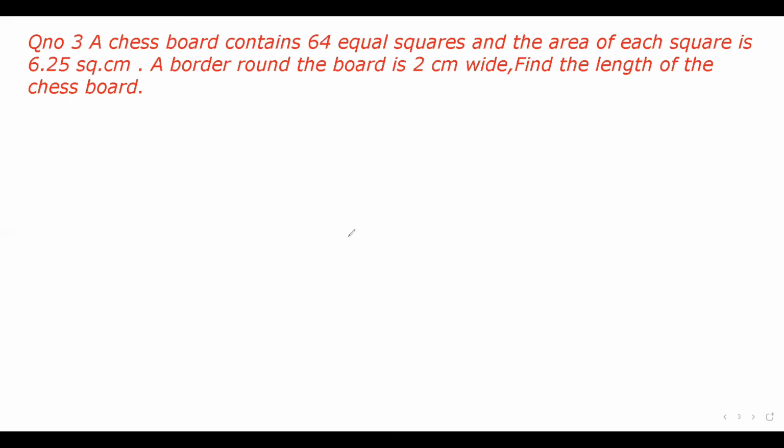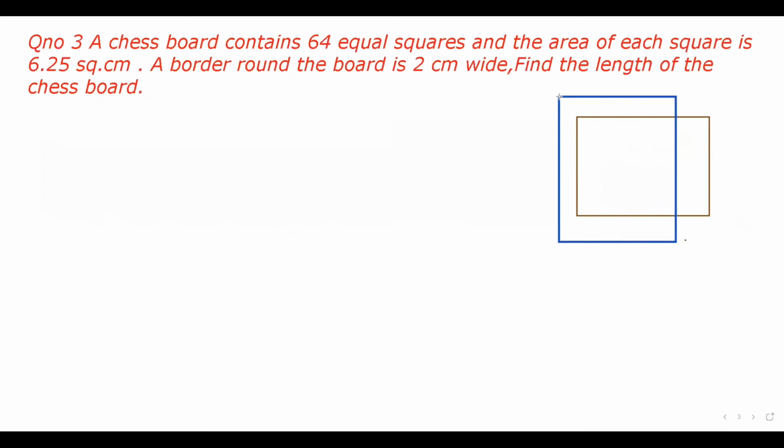So if you remember, a chessboard is usually square in shape, right? So if I draw a chessboard, it will be sort of, okay, suppose this is a chessboard, and the border is somewhat like this.